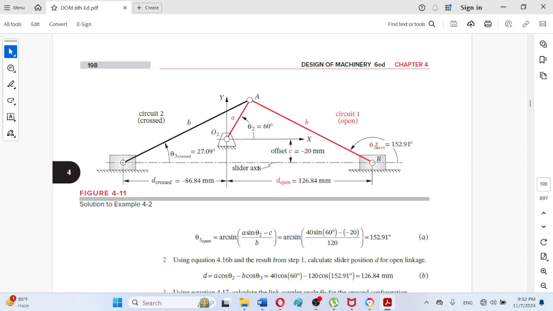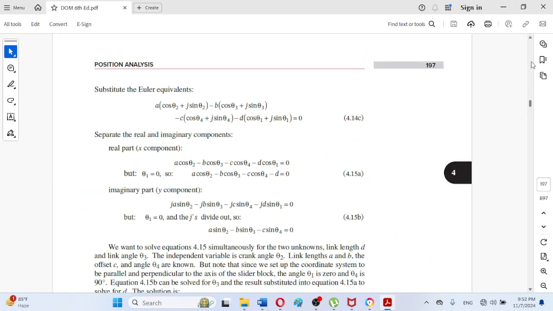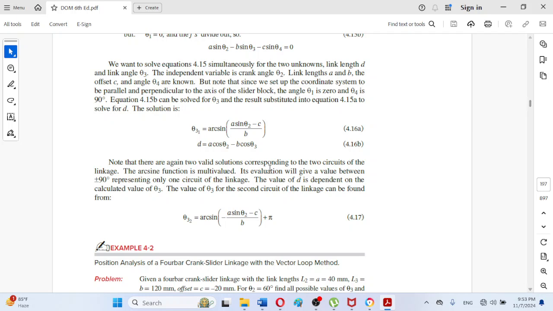but remember that this theta 3 1 and theta 3 2 can alternatively be used. The author has mentioned here theta 3 open and theta 3 cross. So actually these formulas which have been derived here, because this is theta 3 1 and this is theta 3 2.